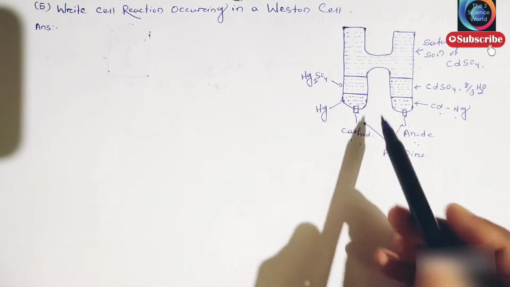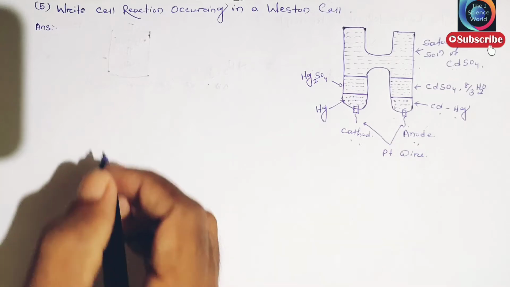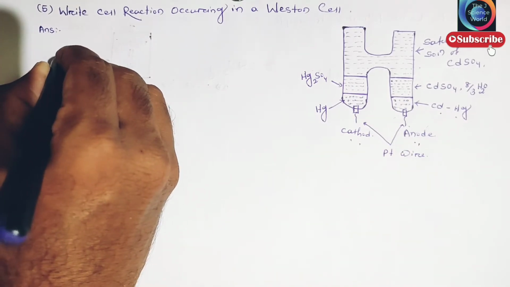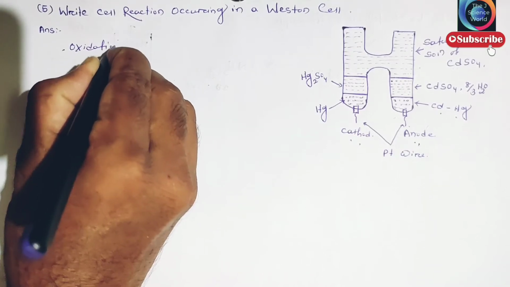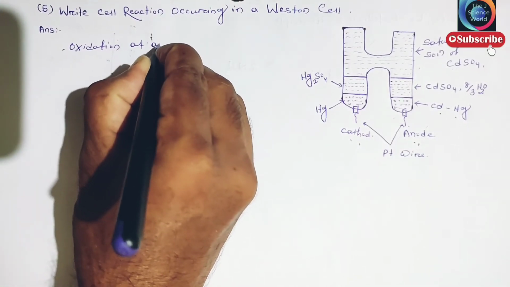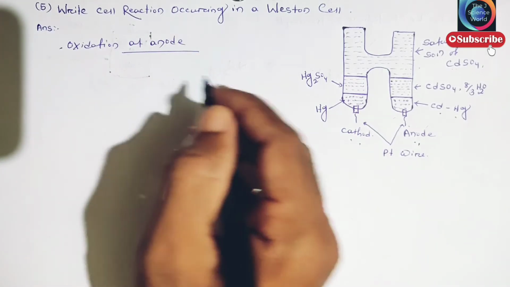If you carefully observe, oxidation occurs at the anode. Let's draw the reactions. Oxidation at anode. Oxidation means removal of electrons.